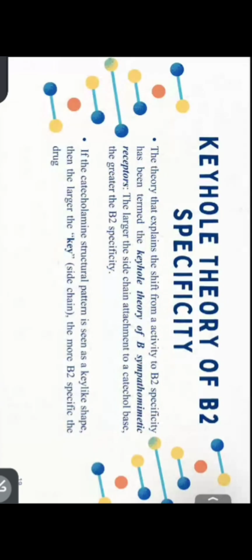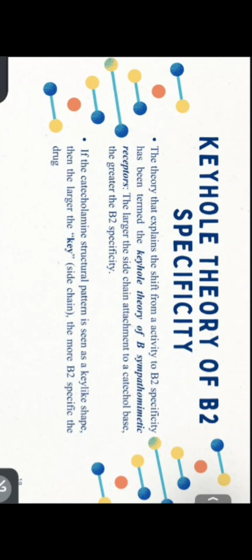If the catecholamine structural pattern is seen as a key-like shape, then the larger the key or the side chain, the more beta-2 specific the drug. For example, ang pinaka-key term lang na isipin natin sa theory na to is that yung side chain, kapag mas malaki yung side chain, mas mag-fit siya sa beta-2 receptor.